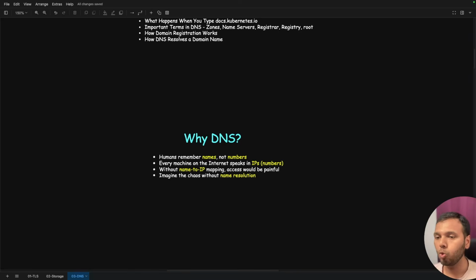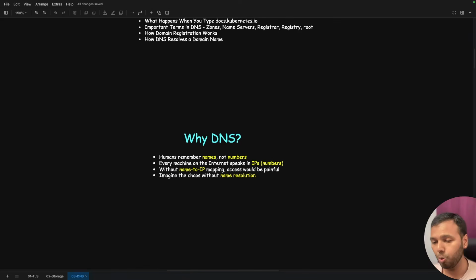Without name to IP mapping, access would be painful. You would need to maintain your own list of IPs for every site you visit. Imagine maintaining an Excel sheet that has the IP addresses of your favorite websites. Cumbersome. Imagine the chaos without name resolution.